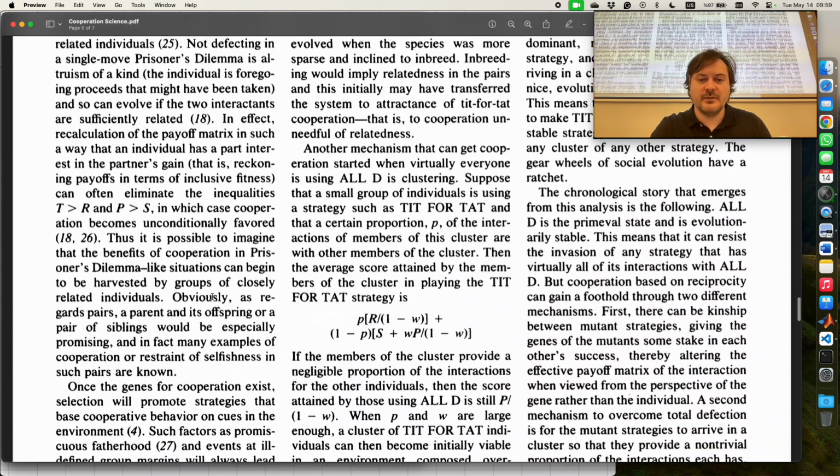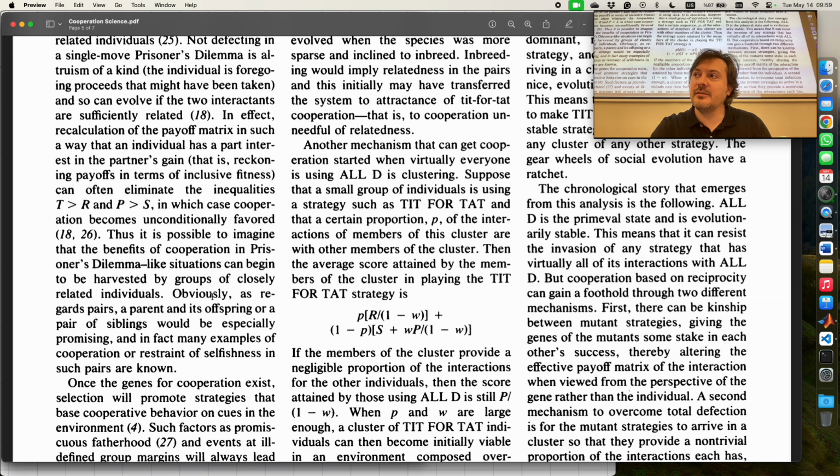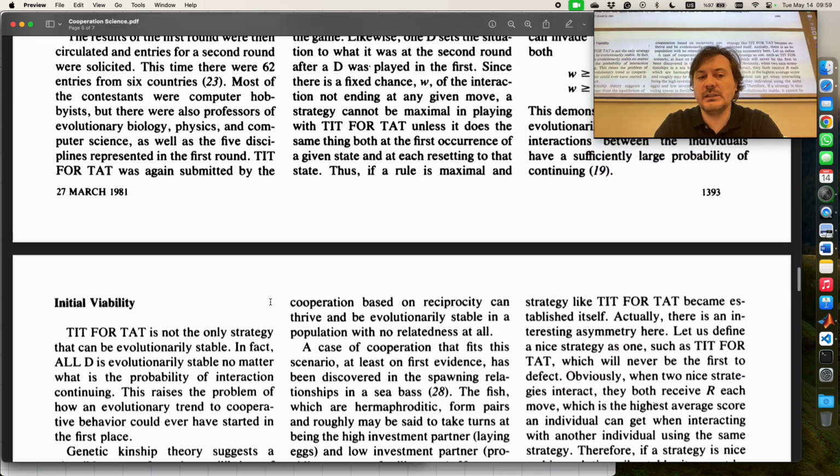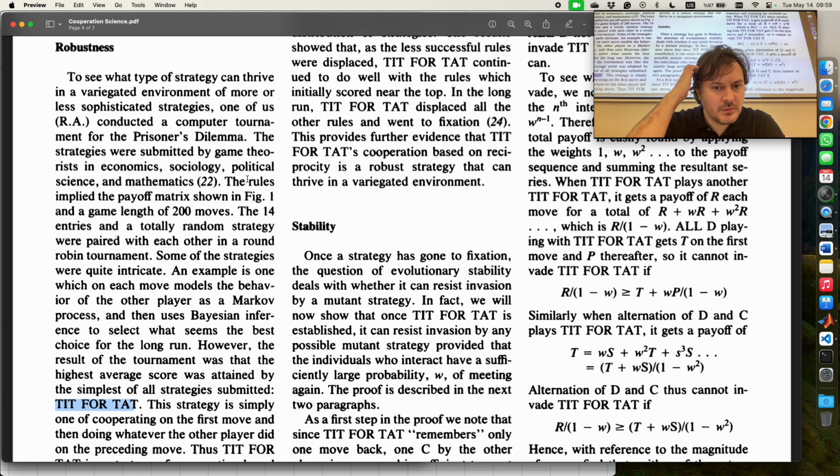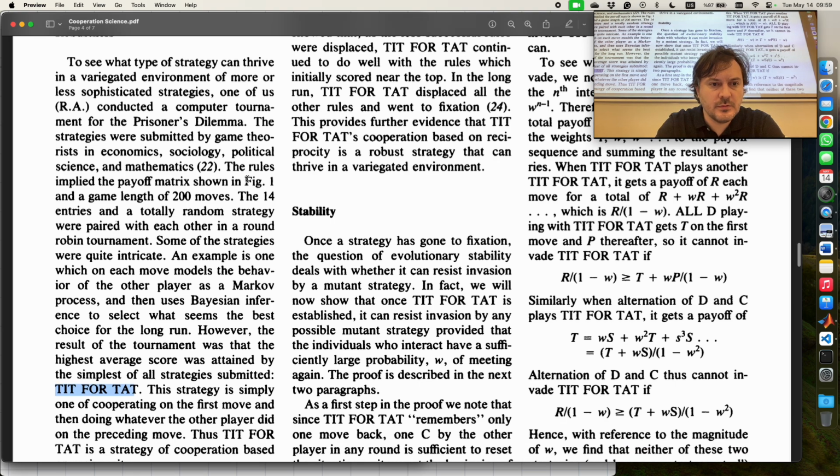Yeah. Secondly, did we add much to this? Does everyone do tit for tat? No. That's the thing. There are 200 algorithms. No. How many algorithms? 14 entries.